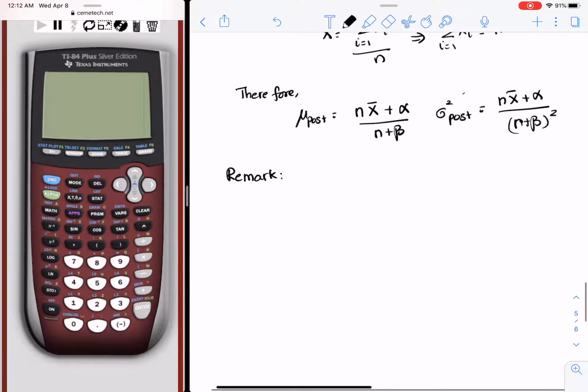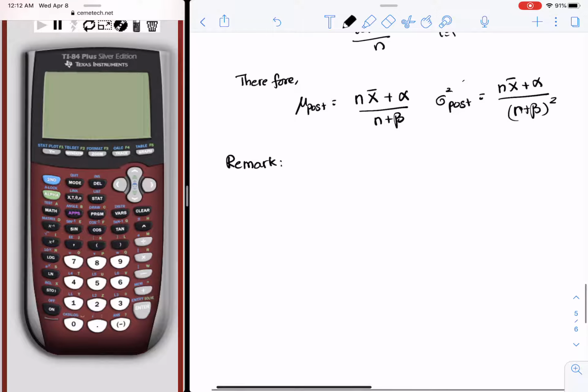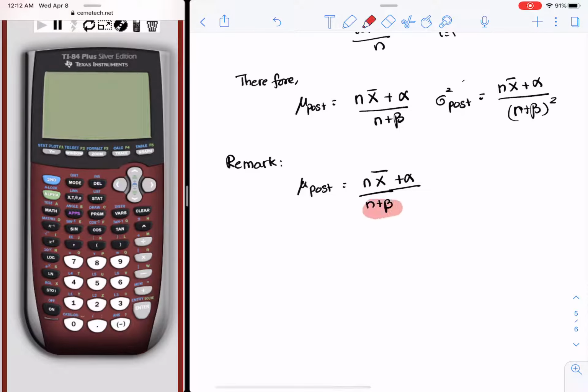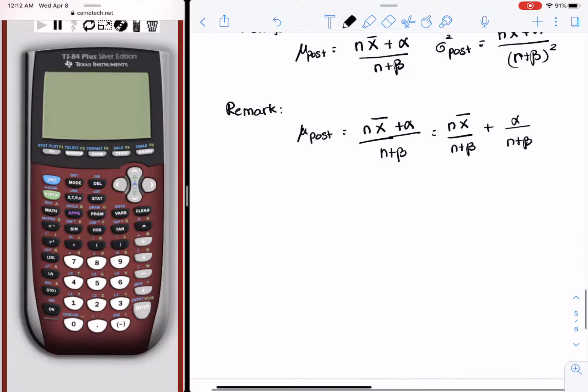I could rewrite the posterior mean as n x bar over n plus beta plus alpha over n plus beta.